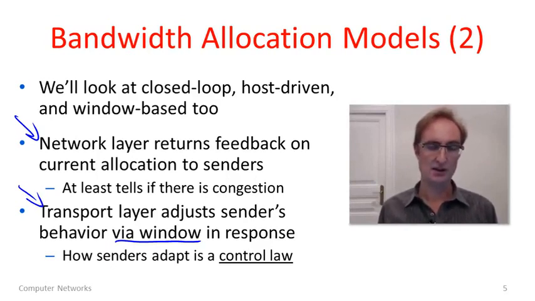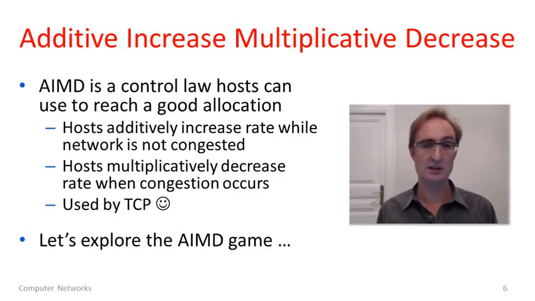How the senders decide to adapt the window over time, what the rules for the adaptation are, is called a control law. And that brings us to AIMD, additive increase, multiplicative decrease. AIMD is a control law for doing this adaptation. And it's a control law which has some attractive properties because it can help us get to an efficient and fair allocation.